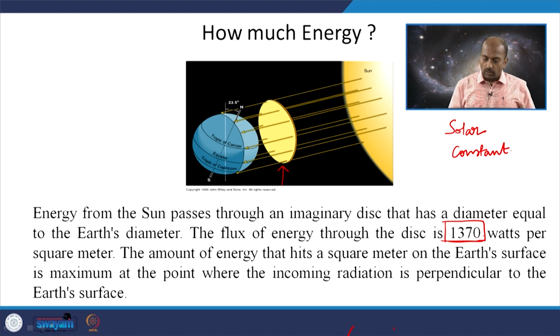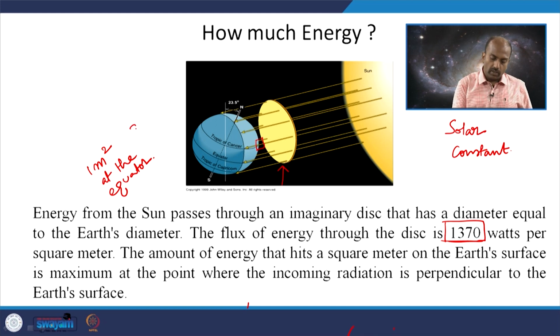Now, if you draw a projection of this disk's area onto the curved surface, it is very evident that the maximum amount of energy is at the equator. That means 1 meter square of area at the equator receives the maximum amount of energy.